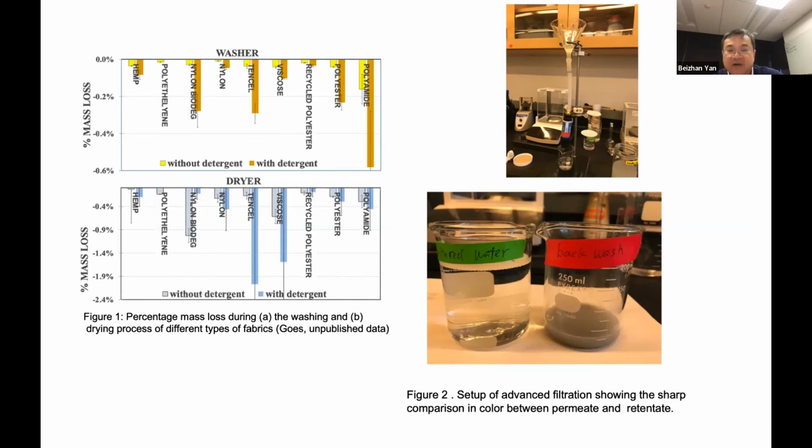This shows the water quality change. This is the filtered water after the filtration, and you can see it is pretty clear. This is whatever remains behind the filter. You can see how dirty it is. So clearly, using these filtration techniques, you can efficiently remove most of the particles from the water.